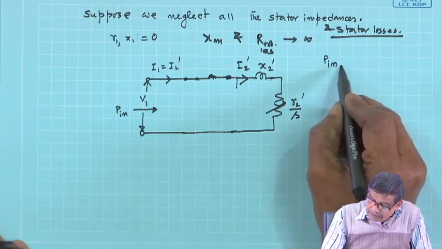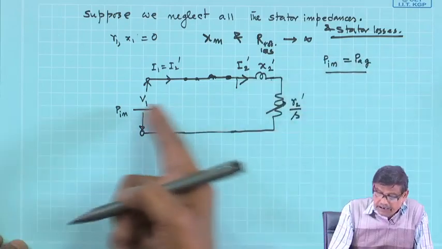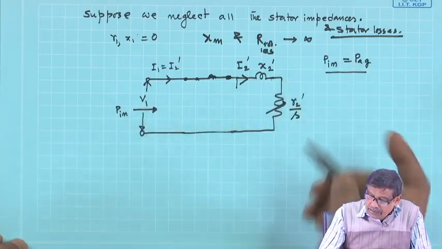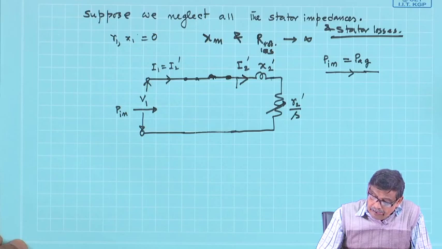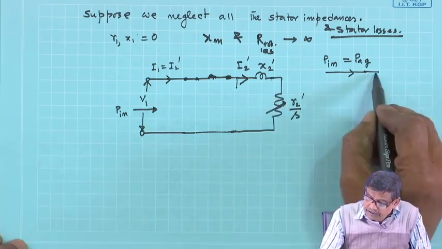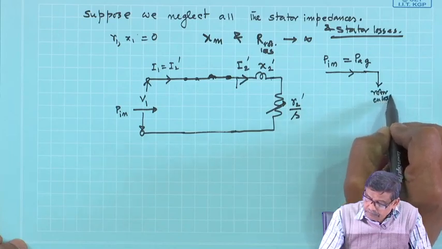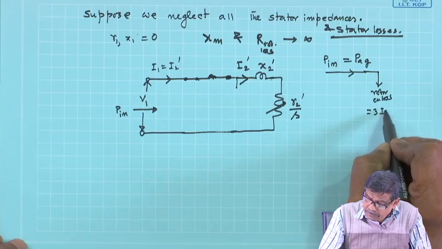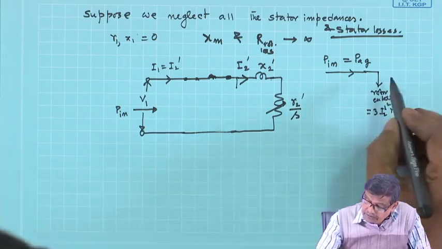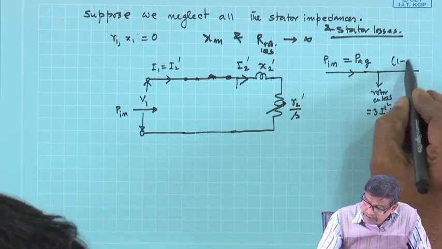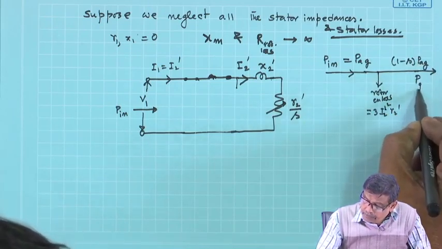This power must be equal to your air gap power in this particular case. That is what I am assuming. And from this you have to subtract the rotor copper loss. What is its value? 3 I2 dash squared R2 dashed. This is the total rotor copper loss, and 1 minus S into PAG is the gross mechanical power, that is all.